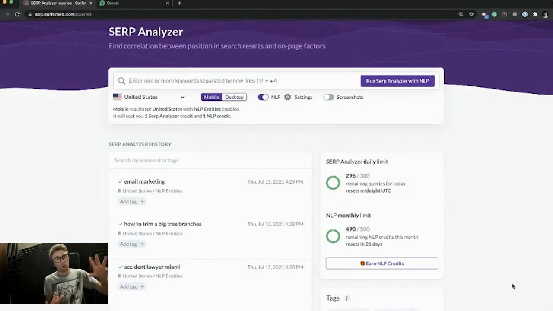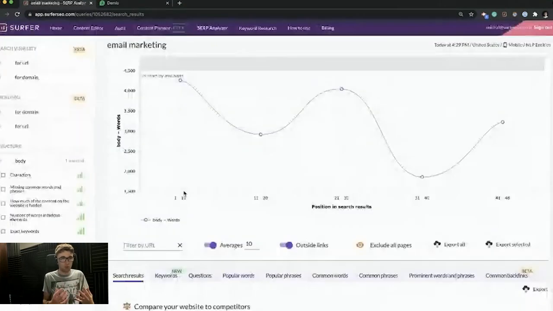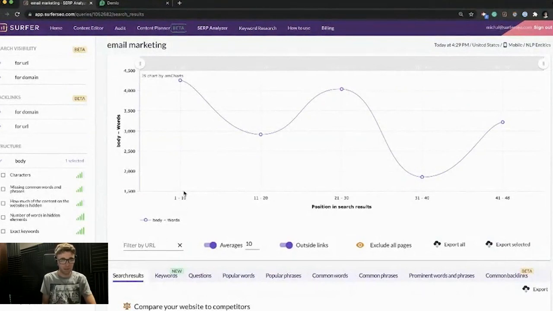If your goal is to go at scale and optimize as many pages as you can in a specific period of time, then the Serp Analyzer is not the best choice. But if you have a huge keyword like this one, for example the email marketing keyword, where changing just one spot in the top 10 can impact the business by far, then just adding some missing words and phrases may not be enough.